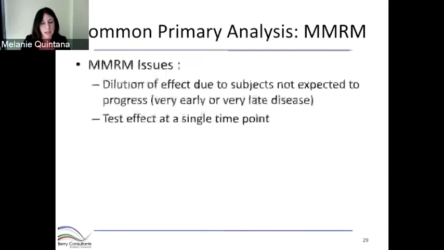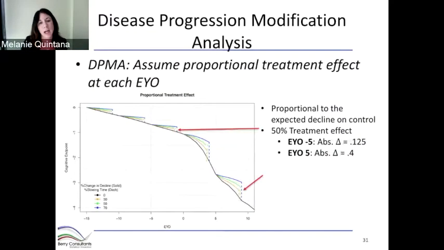So instead, what we did was develop a different analysis method to be able to, A, adjust for the fact that we have an expected years to onset, adjust for the fact that we know some people wouldn't be expected to progress very much over the course of the trial, given where they start the trial, and B, to introduce a treatment effect that is a proportional slowing in the disease that uses all data.